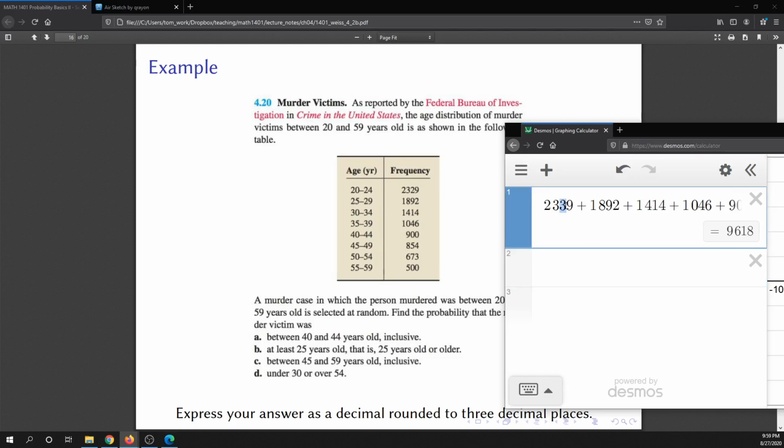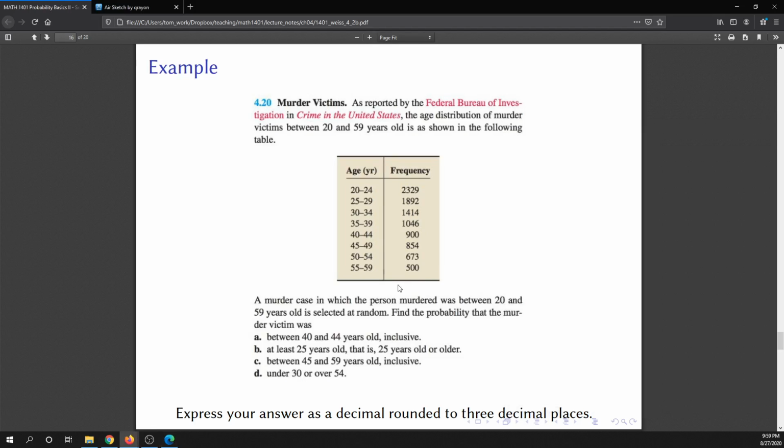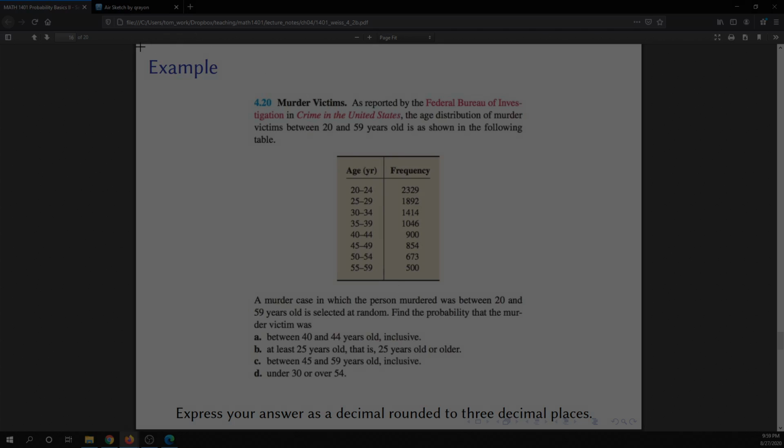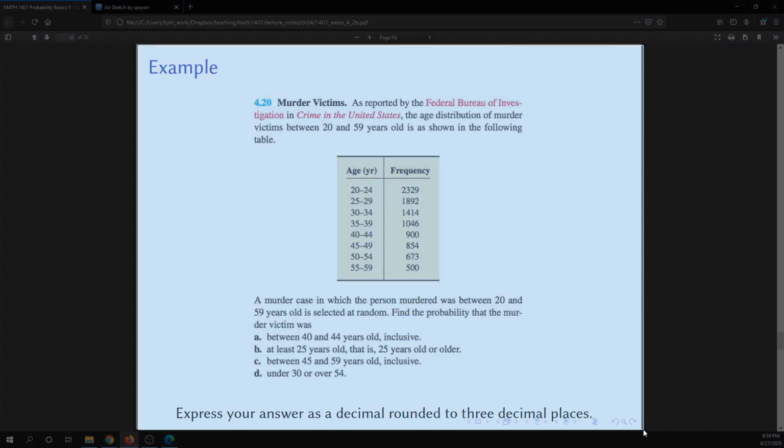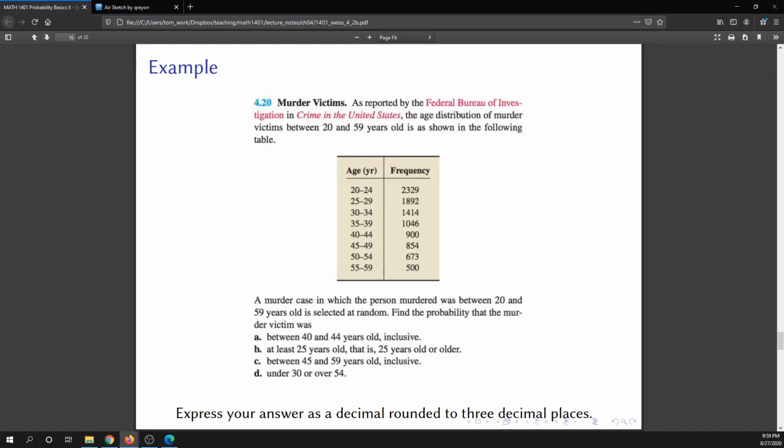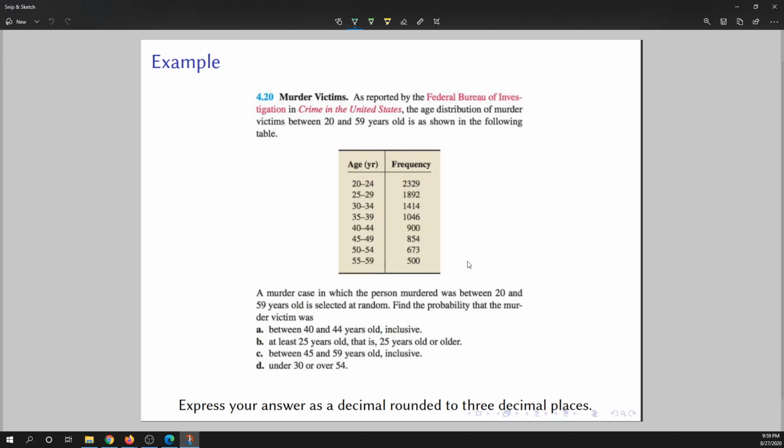It should be 2329. Yes, 9608. That looks good. So we added all of these up and we get 9608, and that is the number of cases in our sample space. All of these answers are going to be fractions with this number on the bottom.